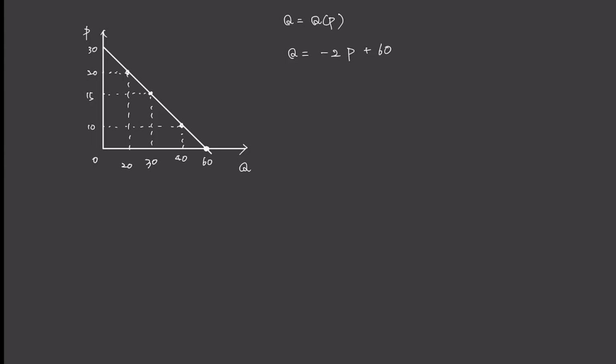By convention, we should solve for P, right? P is equal to negative half Q plus 30. By doing so, the y-intercept, or vertical intercept, is 30, and the slope is negative half. But originally, as we defined, Q is a function of P. So this one is the original demand function form, and you need to be careful about how we draw it in the space of Q and P.